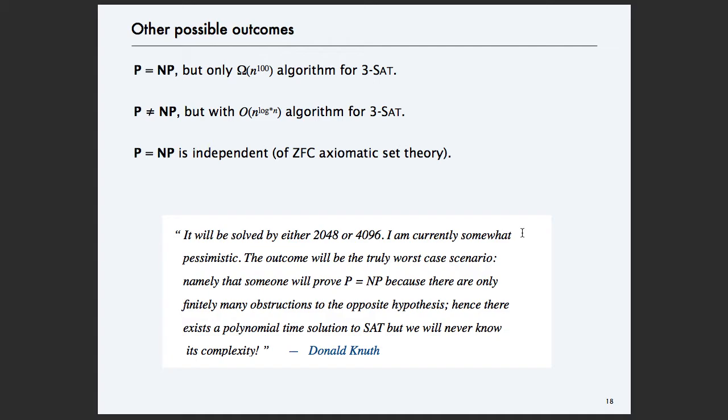Those kinds of things could happen. It could also be the other way around, where P is not equal to NP, but we actually find a really good algorithm that works for NP. It's just slightly better, slightly worse than poly.